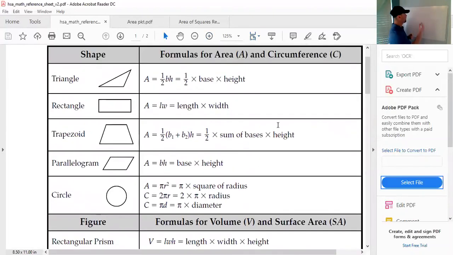Triangle. Area is equal to 1/2 base times height. Rectangle. Area is equal to length times width. Trapezoid.